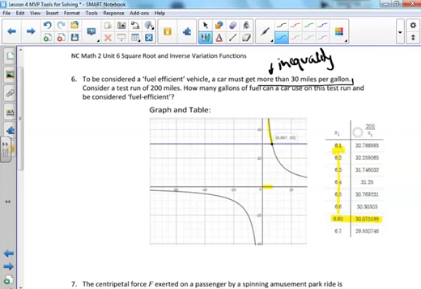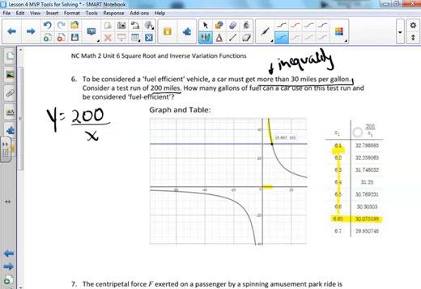In this case, we are dealing with an inverse variation function. We are told that a test run is 200 miles, so the 200 will be our k, or our constant of variation. And we are told that a car must get more than 30 miles per gallon. And we are asked how many gallons of fuel can a car use on this test run to be considered fuel efficient.